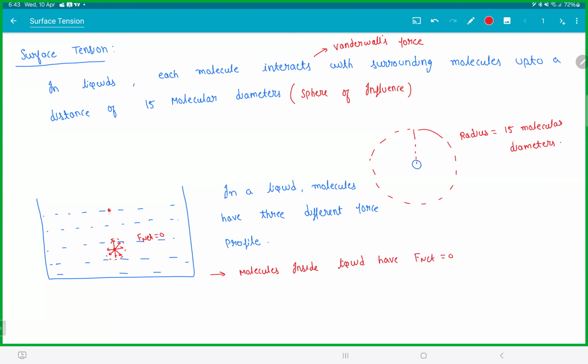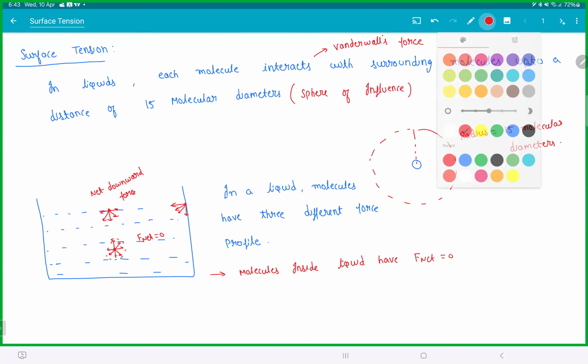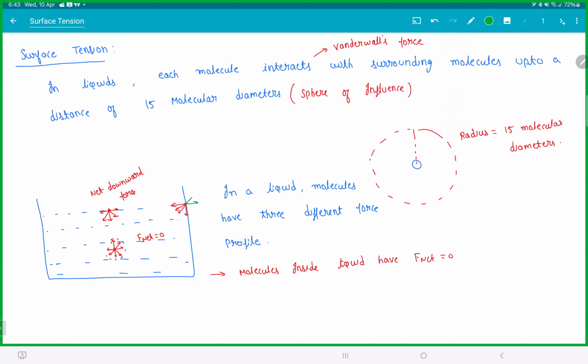The molecules on the surface will have attraction only due to the molecules inside. So there is a net downward force. Did you see the force is different for these molecules? The molecules on the inside and the molecules on the surface don't behave the same way. The molecules on the corner are actually more weird. On one side you have the liquid, and on the other side you have the solid. These are the adhesive forces.